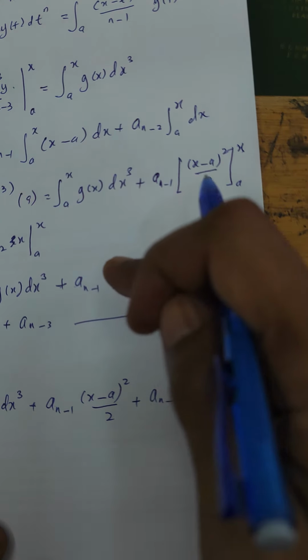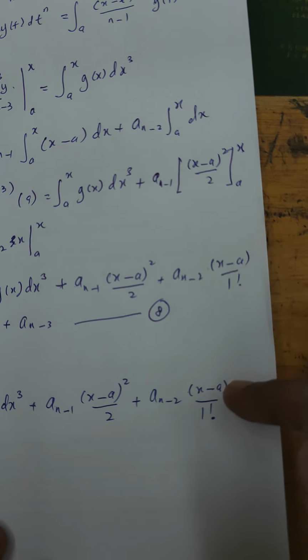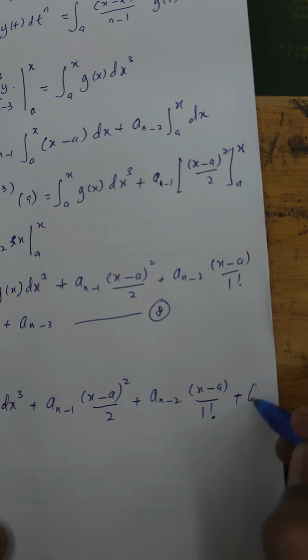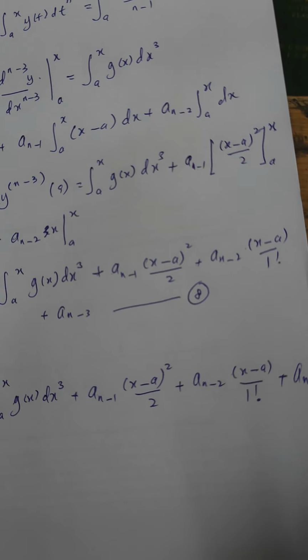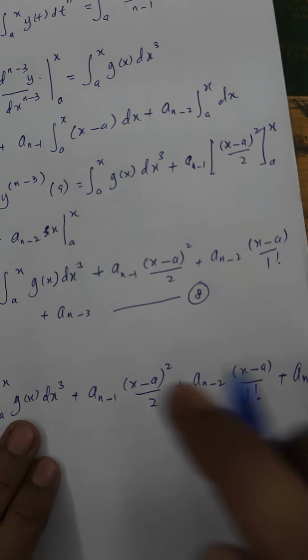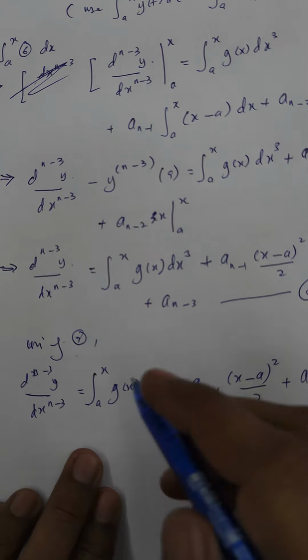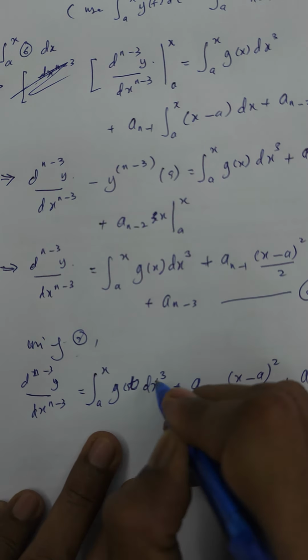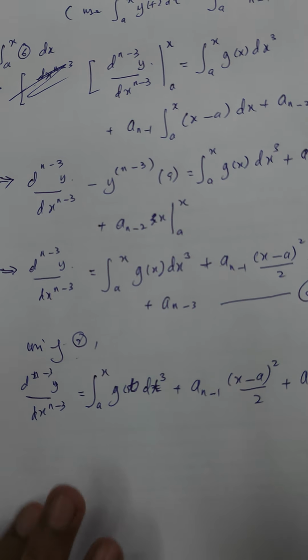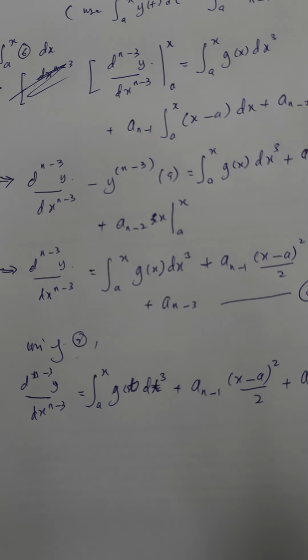Got the same, plus a_(n-3). Okay. This one is t, sorry. That's g(t) dt.